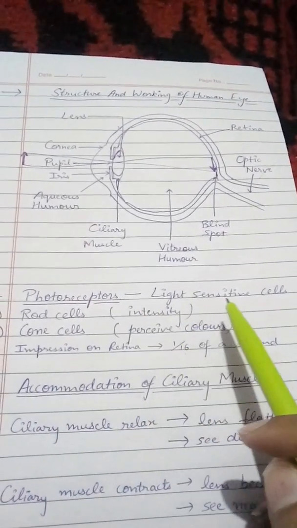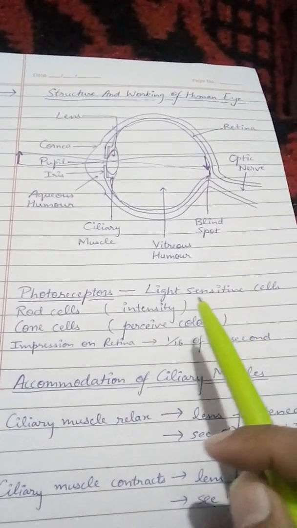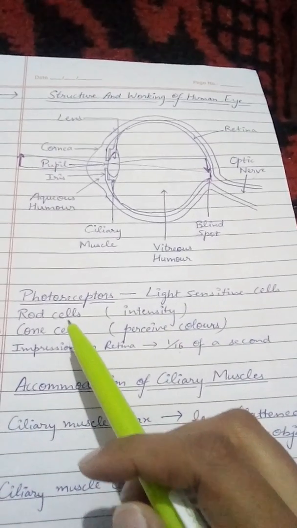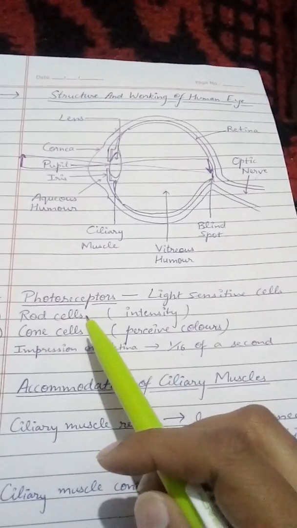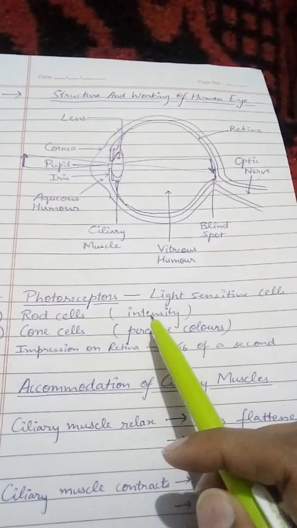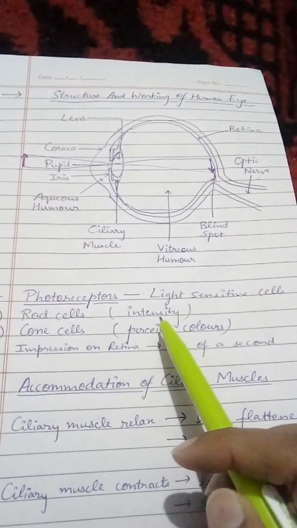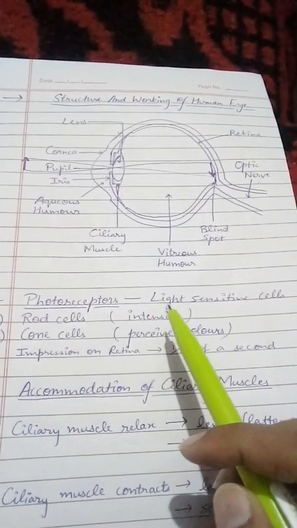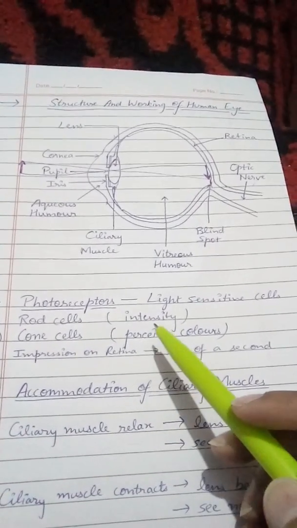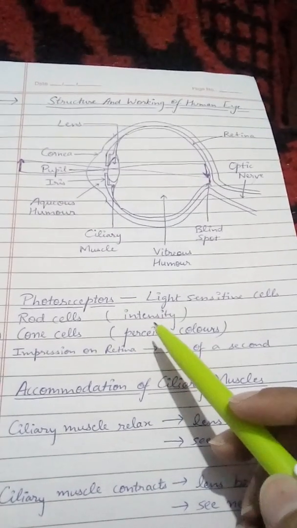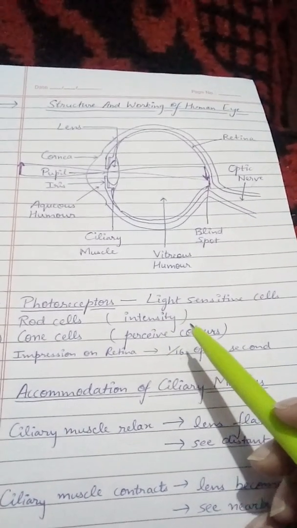Photoreceptors are light sensitive cells, and they are of two types, rods and cones. The rod cells help in determining the intensity. Intensity is darkness or brightness. It can detect whether the object is kept in the dark or in bright light.